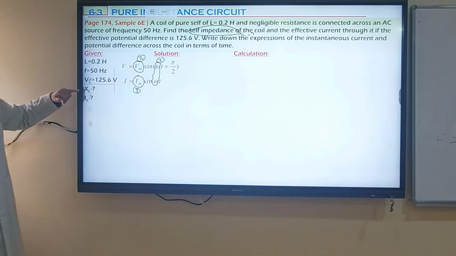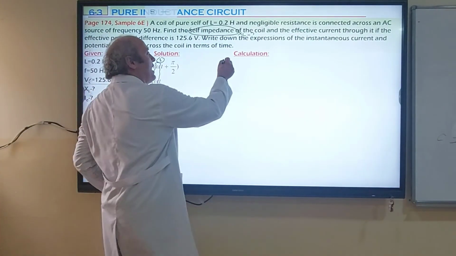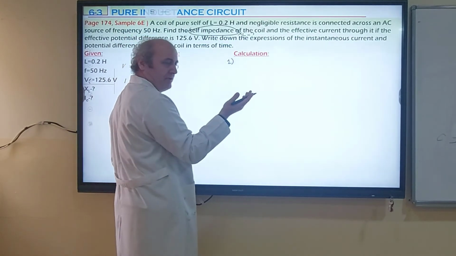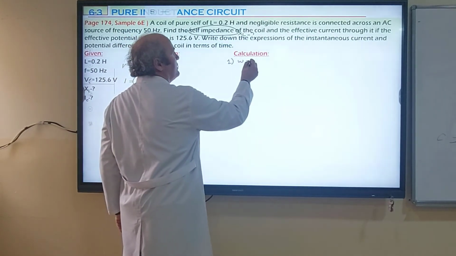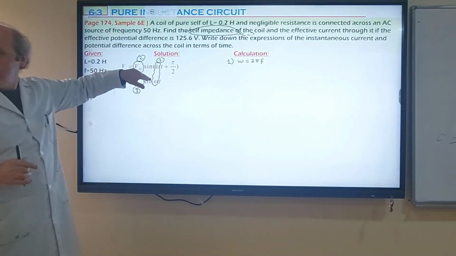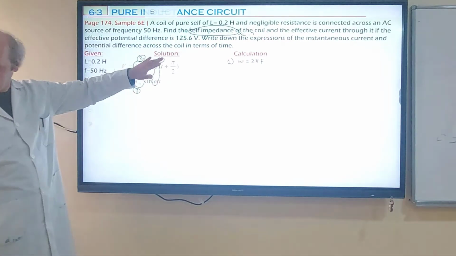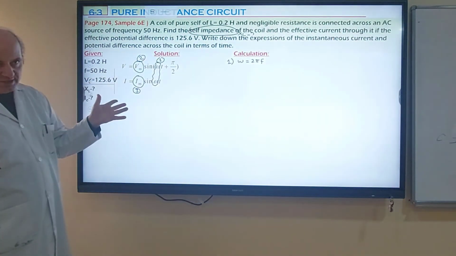XL is a question, and omega is also needed. Omega is 2 pi f, we know it. In this equation we generally write omega in terms of pi, but for calculating XL we need the number.